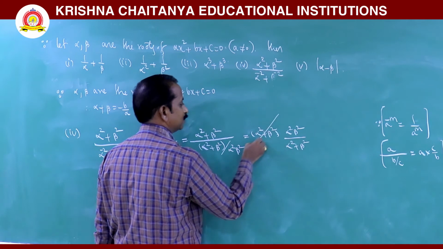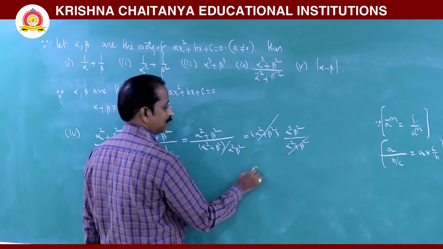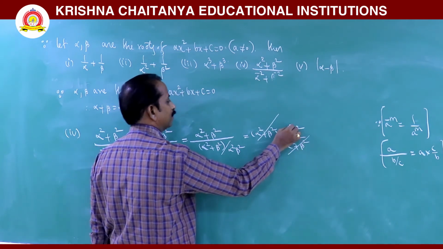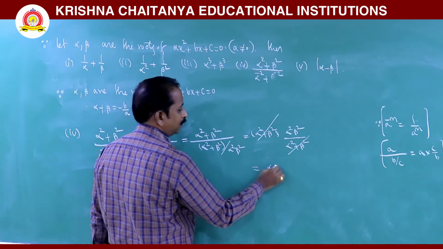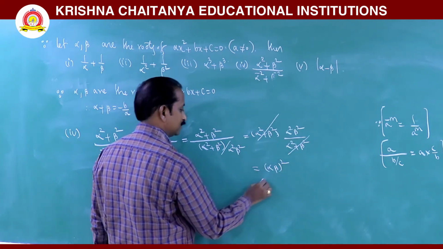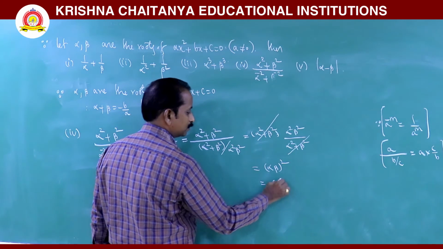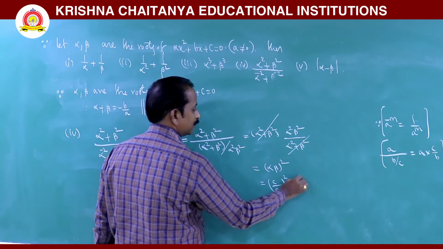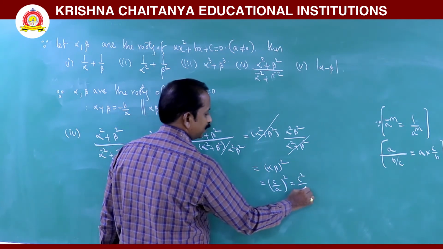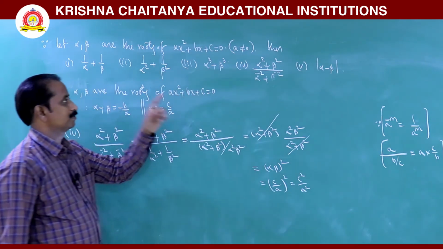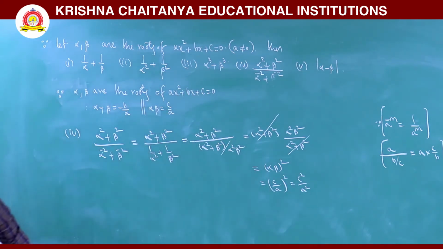Now these two terms are getting cancelled. Now it is nothing but alpha beta whole square, nothing but c by a whole square, nothing but c square by a square. This is sub question 4. Now we move to sub question 5.